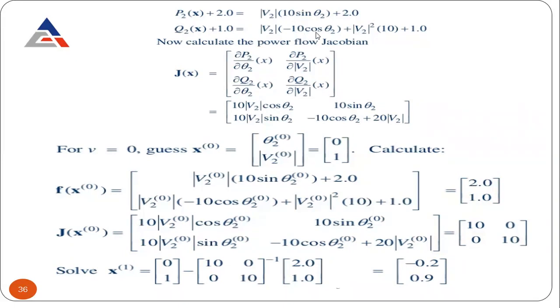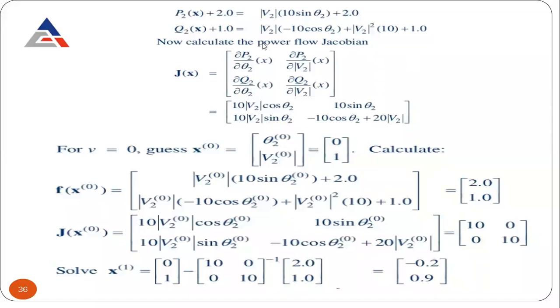The differentiation of cos is sine, so it comes out to be 10 V2 sine of theta 2. Then when it is differentiated with respect to V2, firstly comes minus 10 cos of theta 2 plus 2 times V2 into 10, so that comes out to be 20 V2, and its differentiation is 0.